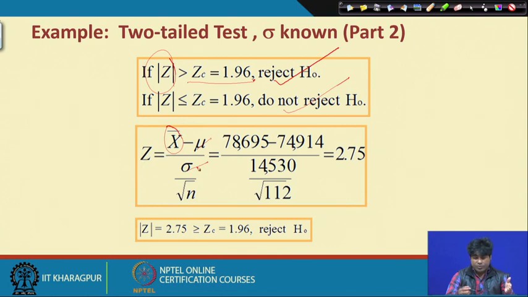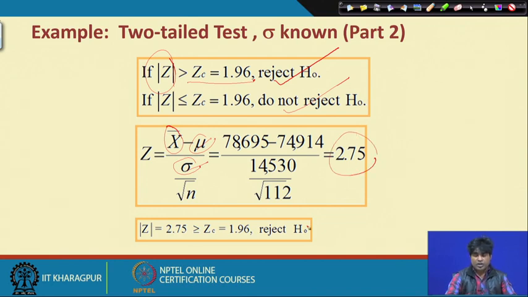Having the information about population mean mu and population standard deviation sigma, you report the sample statistic x bar, simplify, and you get the value z equal to 2.75.